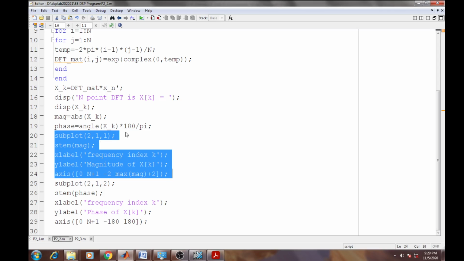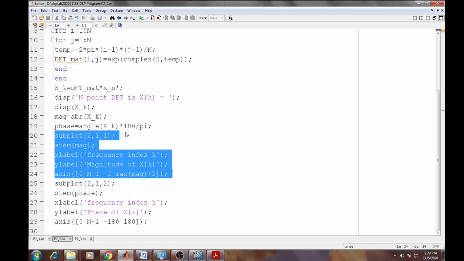Subplot 211, again 211 tells you 2 rows, 1 column and first place. Then stem(mag) helps you plot the magnitude. Here only stem(mag) is given, so you will get a plot in point fashion, right? Then xlabel, ylabel, as well as axis is given.